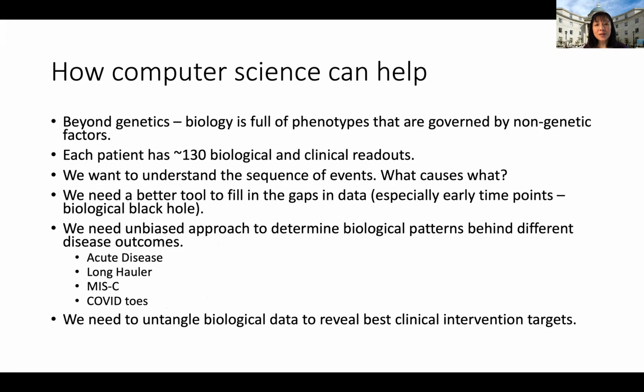How do we mine our data to reveal what is causing these different types of outcomes? Ultimately, we really need to untangle biological data to reveal the best clinical intervention targets. We see all these things elevated, and they're all correlated with mortality. What is the best target for clinical intervention? Again, it would be great to have computational tools to analyze those things.